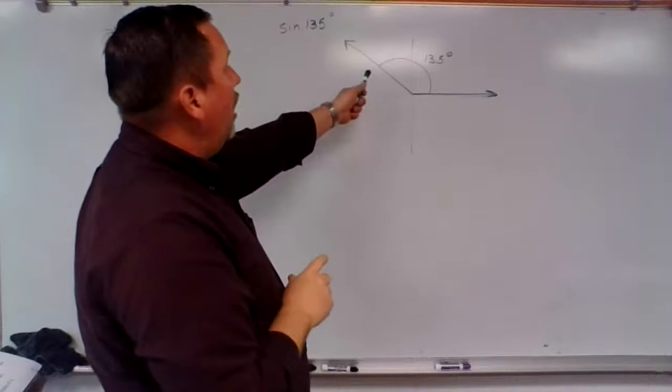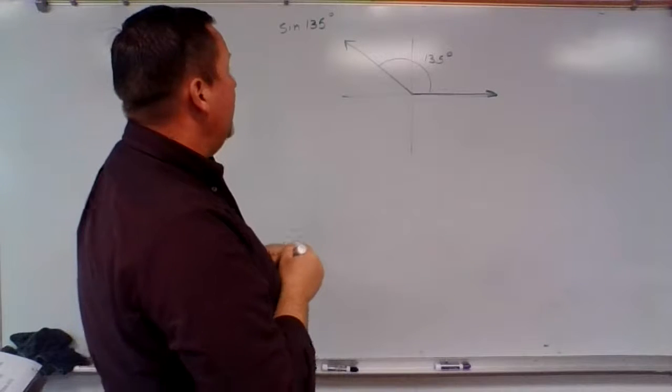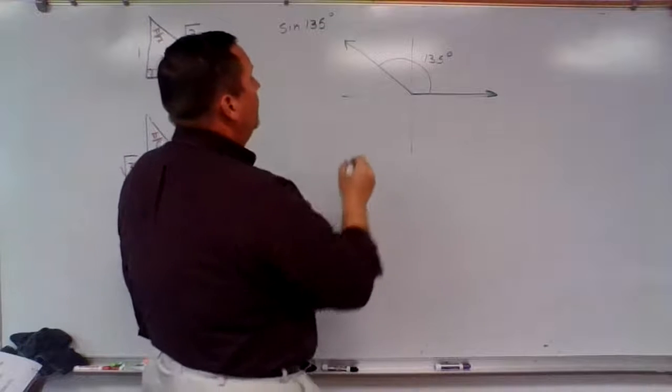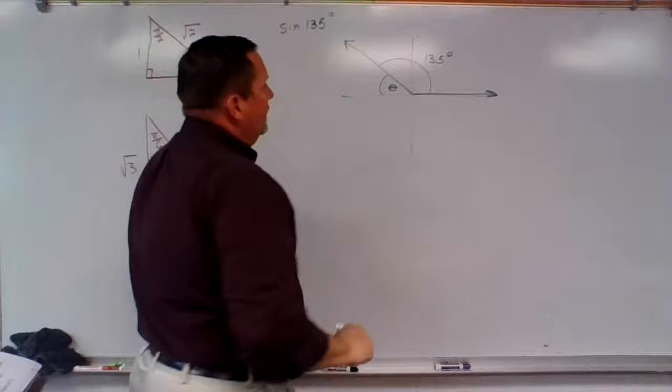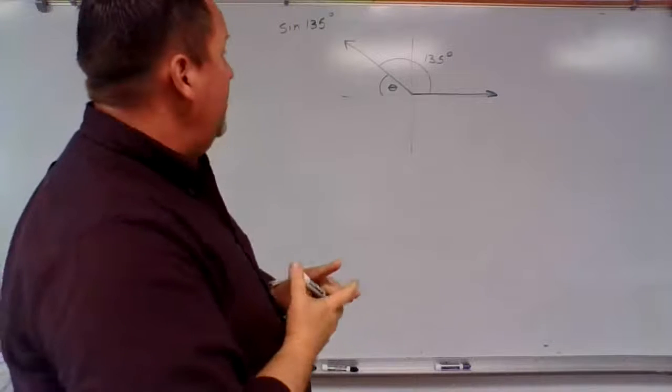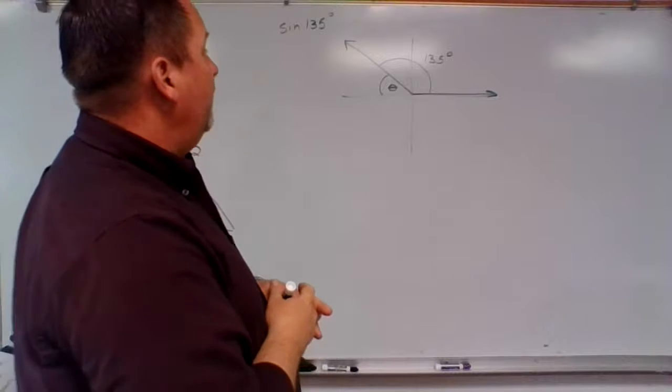Here's what I know. I can use a reference angle to kind of work with right triangles again. And my reference angle would be this angle here. I'm hoping this one is simple enough you guys can tell me my reference angle real quick, or how do I find it?